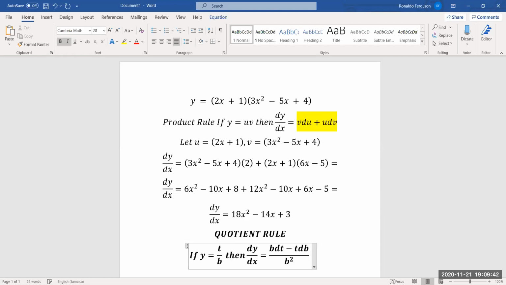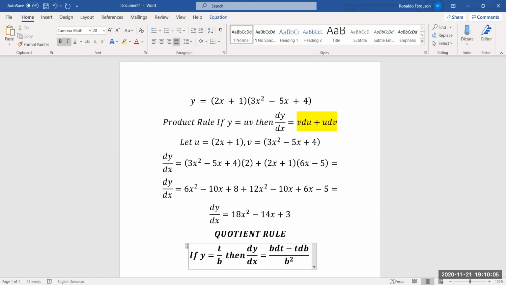That's what I use to remember this formula. You start with the bottom and you end with the bottom squared. So that's the formula for the quotient rule.